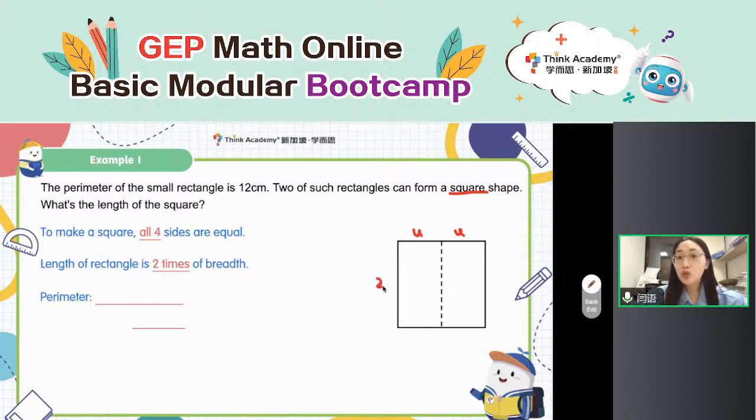It should be 2 units, right? Then we try to combine. How can we figure out the perimeter of one small rectangle? That is a bracket, length plus breadth, and then times 2. So let's simplify. We get 6 units equals 12 centimeter, which means 1 unit is 2 centimeter.